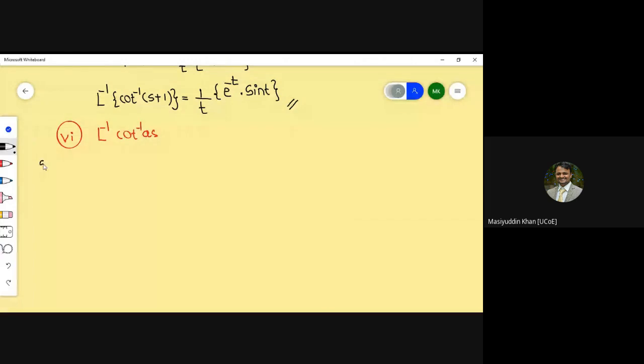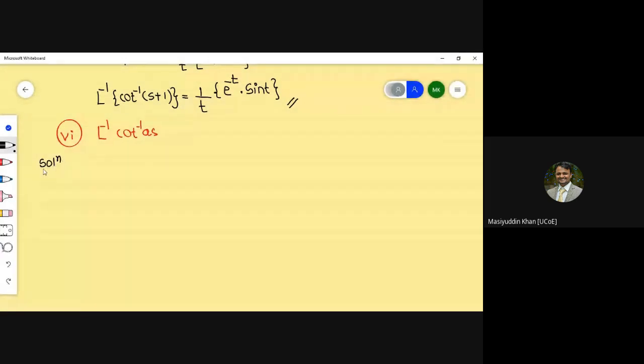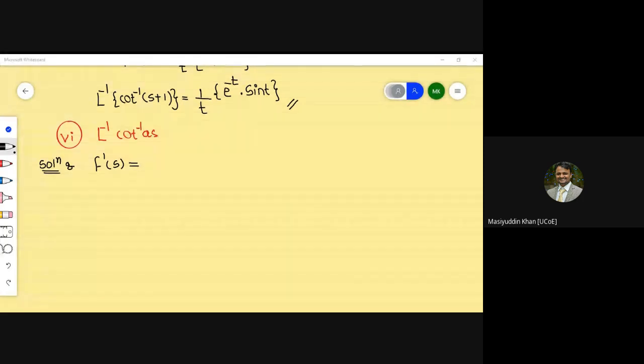So the solution: instead of the inverse, I'm just taking the derivative directly. So f dash of s is equal to the derivative of cot inverse of a s. Yes, sine of at over t.